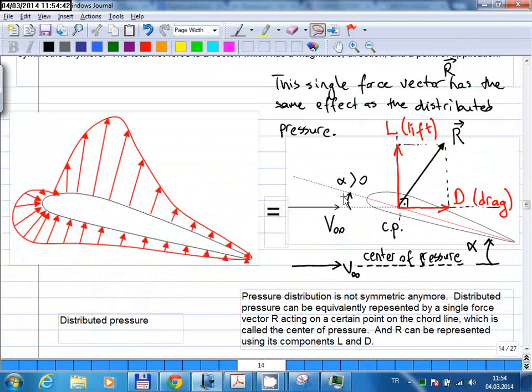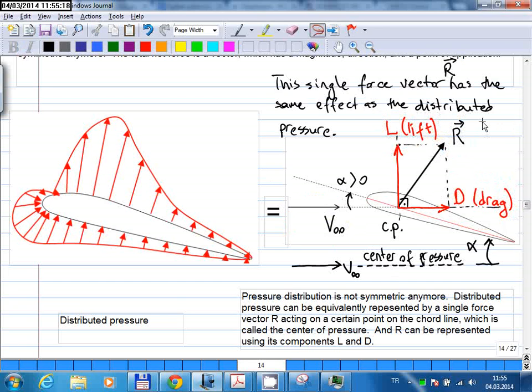This is one of our axes, and we choose another axis perpendicular to that, and that becomes our second axis, and we talk about the components of the r vector in this axis system. The component of the r vector in the direction parallel to v infinity is called the drag force, and the component perpendicular to that is called the lift force.